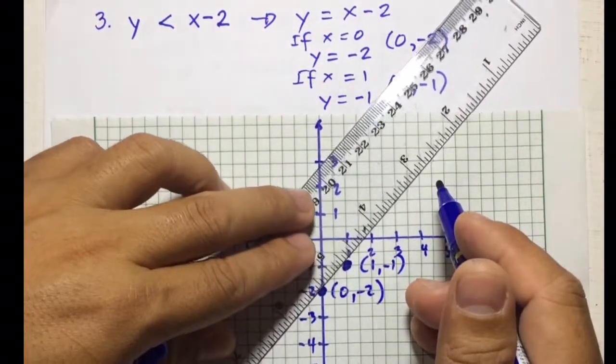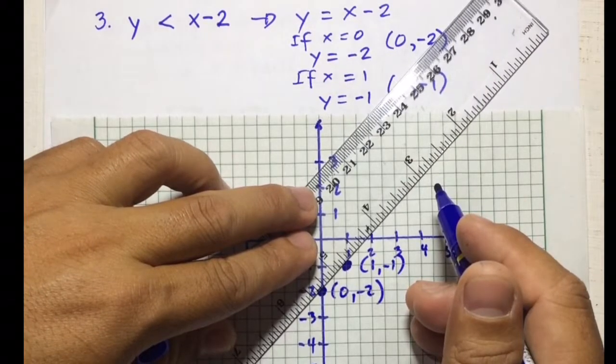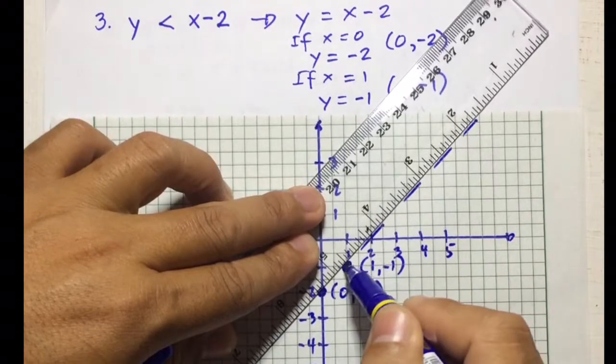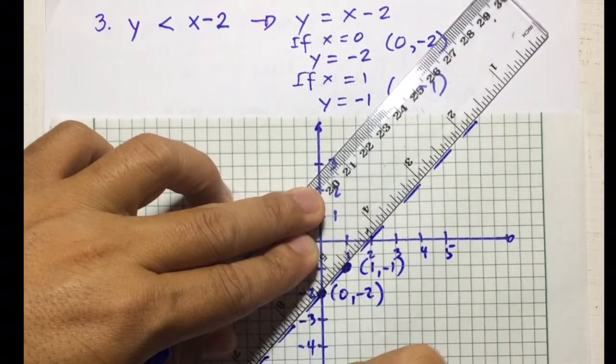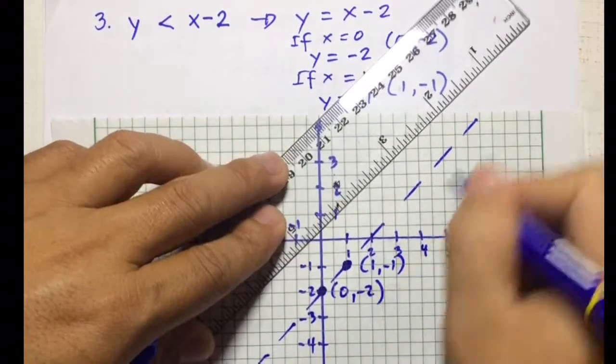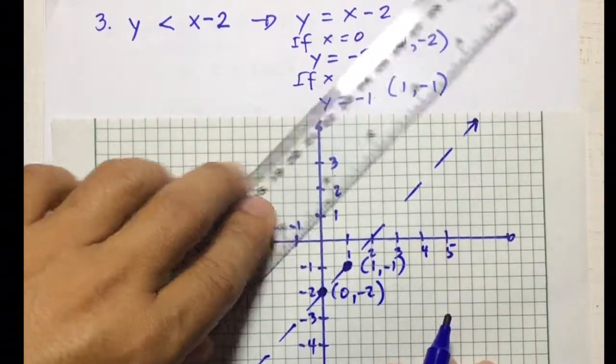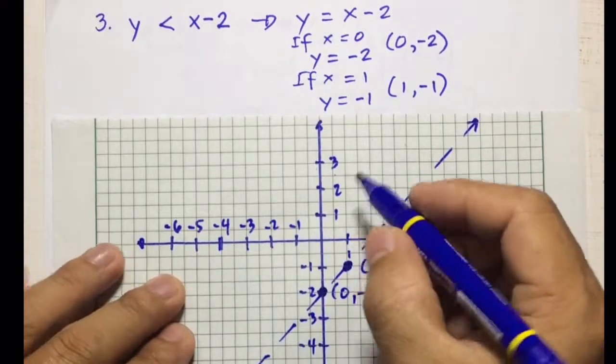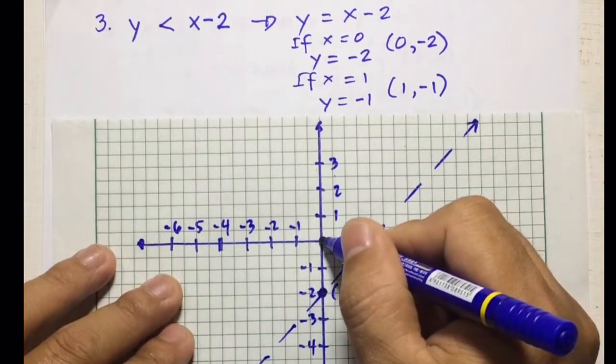So you're going to connect these 2 points using a broken line. Next, you're going to select a point not on the line. For example, let's select (0, 0).